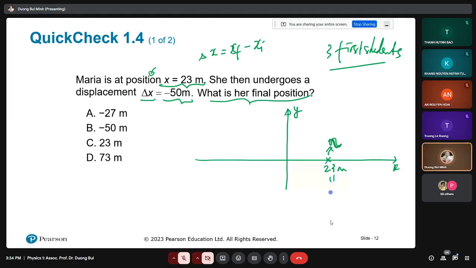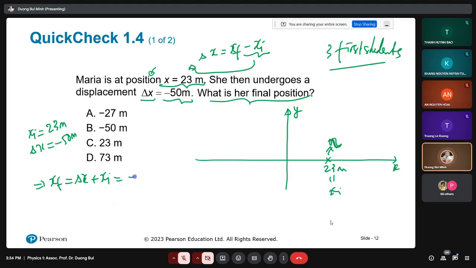At the beginning, she's here. That means x initial is 23 meters. And we know delta x is minus 50 meters. So you can get x final, right? x final is delta x plus x initial. You move here to be here.